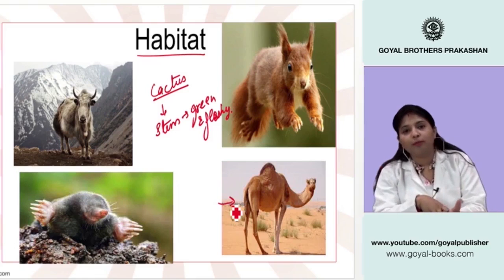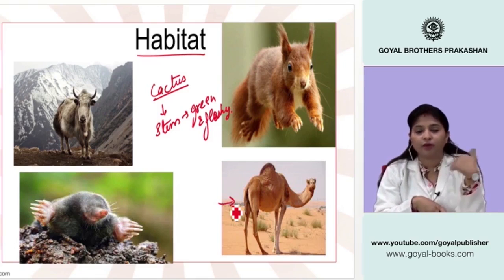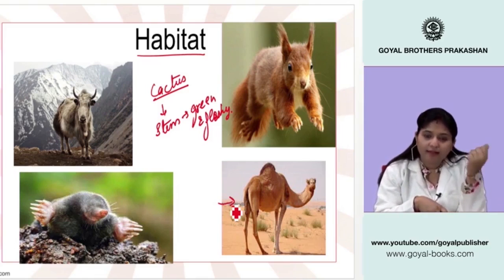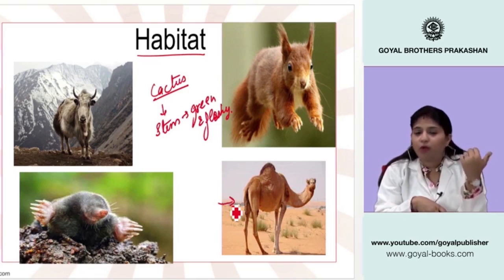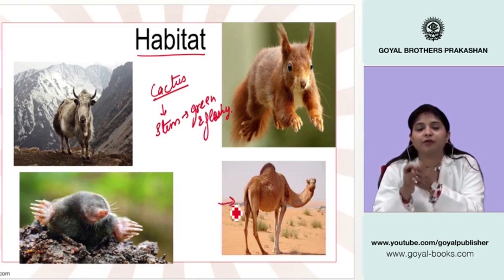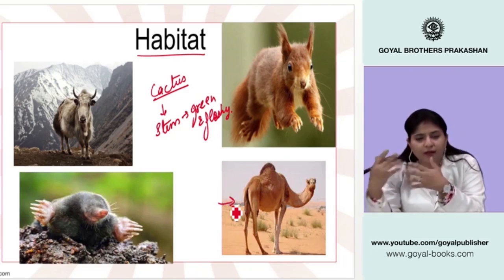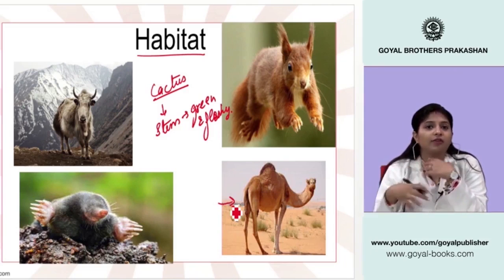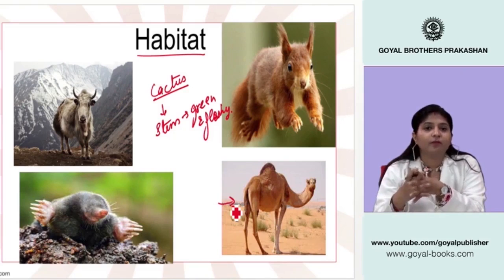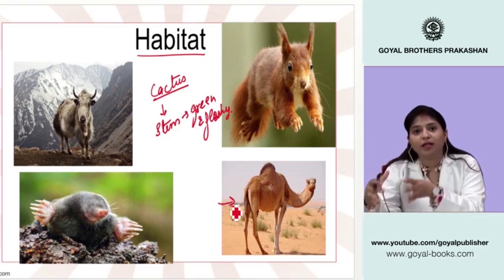Similarly, like we have talked about the water plants, for example water hyacinth, water lily, lotus, all these have a waxy cuticle, a waxy covering on the leaf and on the plant so that they do not decompose. Then there are various other features which have developed over time which allow them to stay in the aquatic conditions.